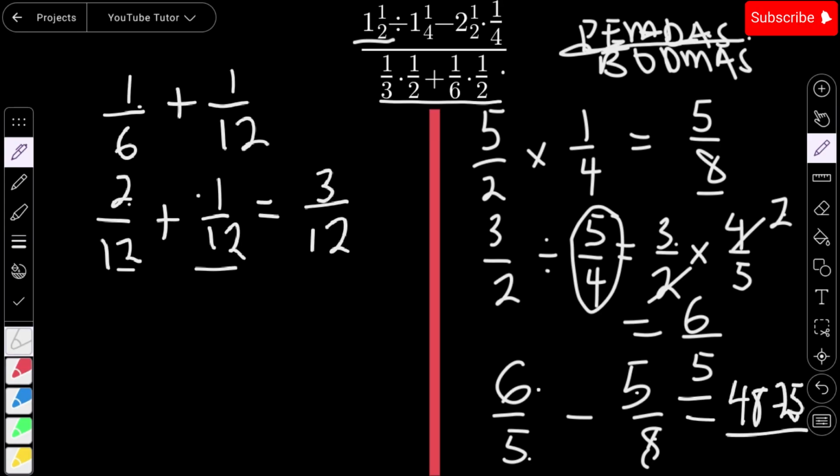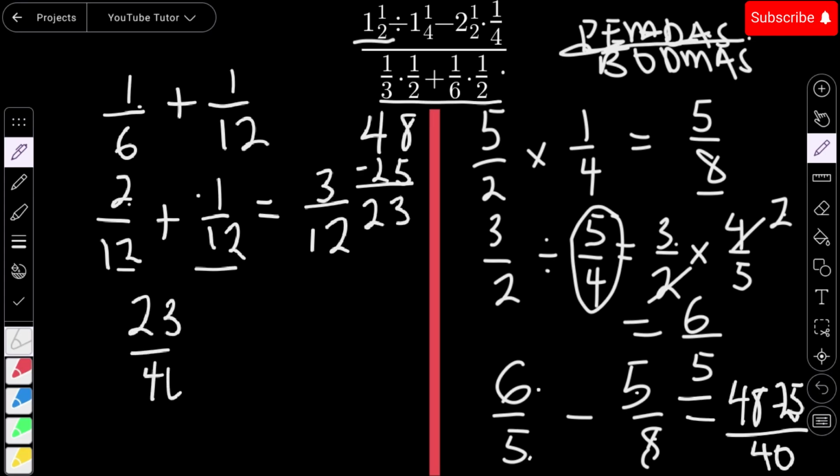I think my space is getting occupied, so I'll move it to this side afterwards. Now we do 48 minus 25, 8 minus 5 gives us 3. 4 minus 2 gives us 2. Now we get 23 over 40.